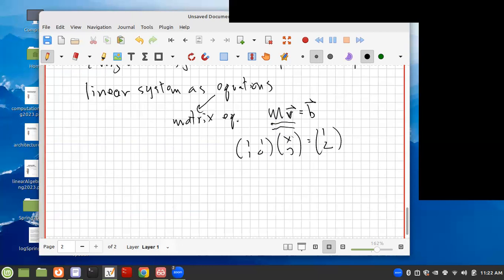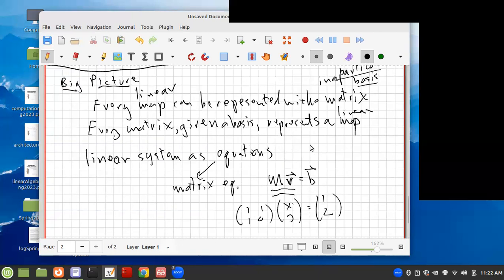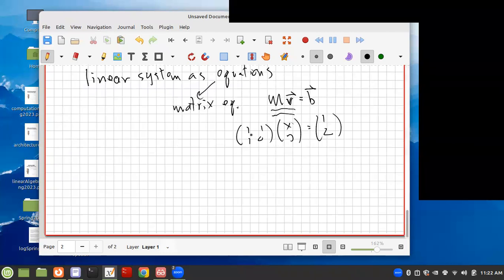So this linear system says how many vectors get mapped to this vector. We can set linear systems in the context of maps and matrices. Now, before we defined the rank of a matrix.